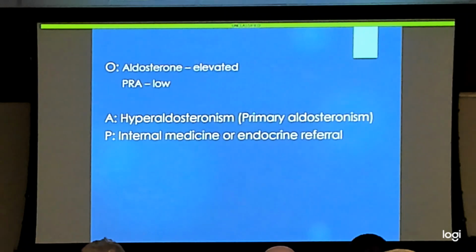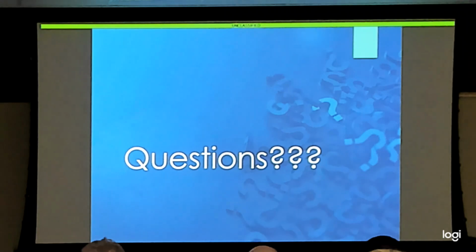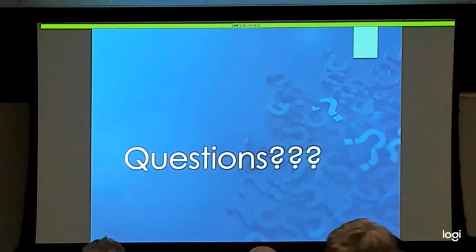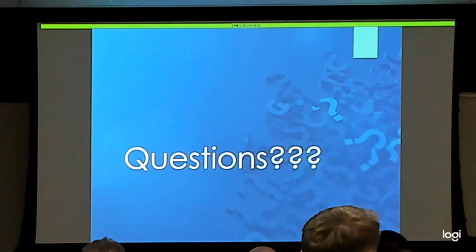So internal medicine, endocrine referral, obviously internal medicine is way more prevalent than endocrine, but it's a lot easier to do. So you would do a CT scan on this person, right? Because you only have your aldosterone elevated, or you also have bilateral adrenal hyperplasia, or a continuum, anything like that. But good job. I should have added that, my bad. Any questions or concerns?